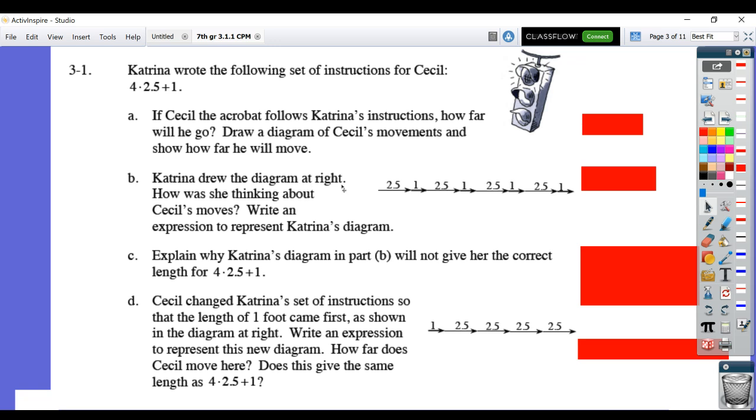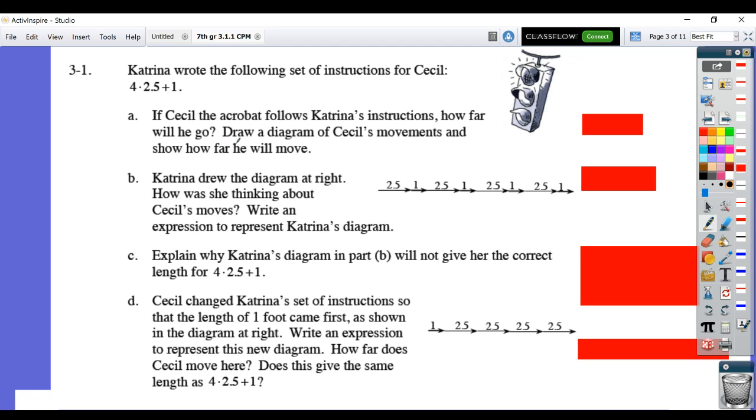Then Katrina drew this diagram. How was she thinking about the moves? All right, so we know from the stop and go light there's a mistake in how she's thinking about this. So what type of expression would actually work for this diagram?